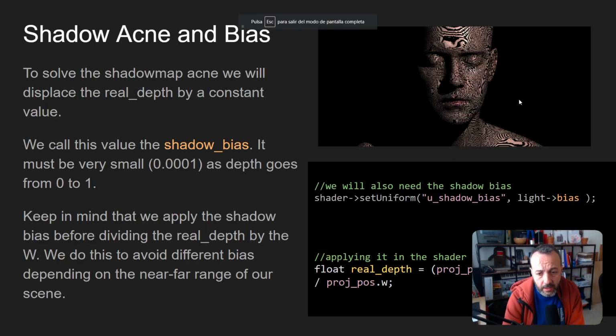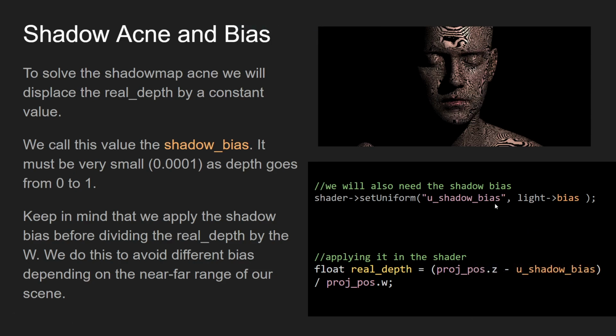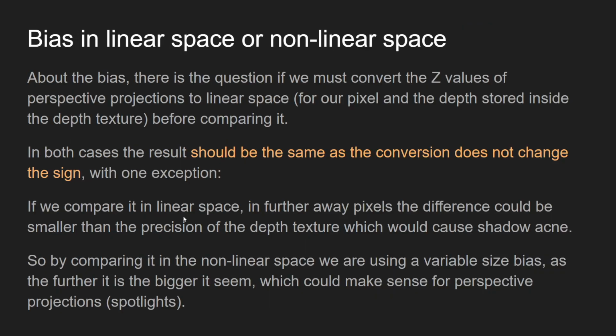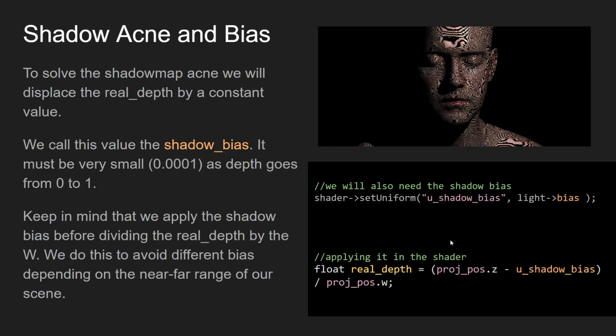Okay. So as I said, we want to solve the bias problem. The best way to solve the bias problem is that we pass this bias to the shader, and we allow the artist to control it in the editor, and that's it. The bias, by the way, is a number you can see is very small. It was 0.0001 because we only want to push a little bit, because the depth buffers are in non-linear space.